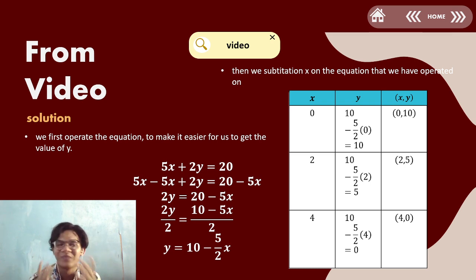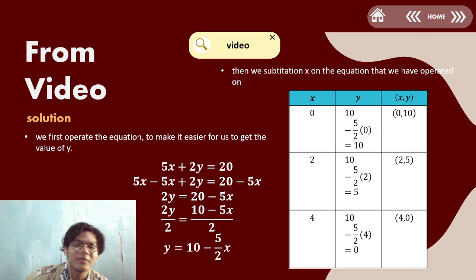If we substitute x is equal to 0, y is 10 minus 5/2 times 0 is equal to 10. So the coordinate when x is equal to 0 is (0, 10). When x is equal to 2, y is 10 minus 5/2 times 2 is equal to 5.